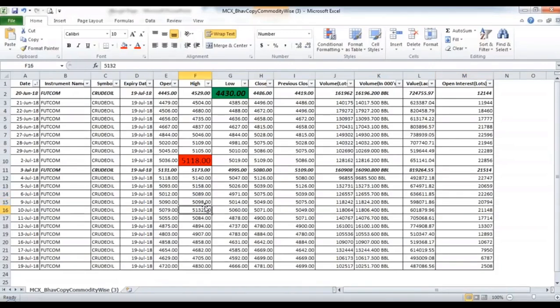Next day, the price goes to this level and it goes with heavy selling, and the price goes above this level, right? And it comes and closes at 5071. So is this a resistance? No, sir. It's with heavy selling.